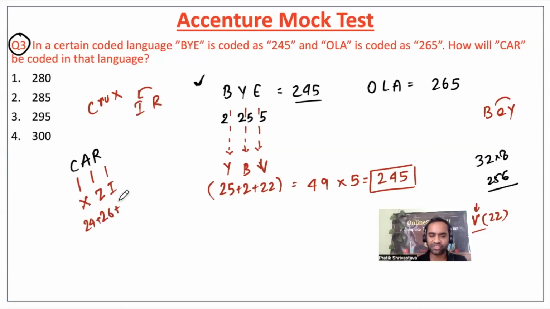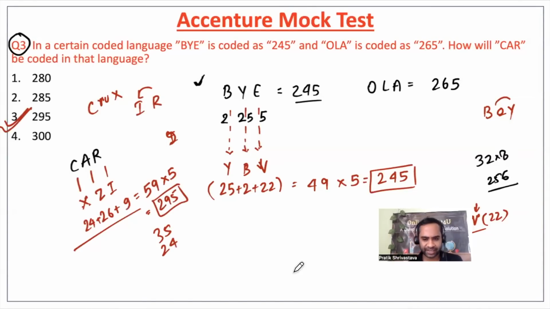The last letter I is 9 because I looks like 9. This trick should also be there in your mind. Now 26 plus 9 is 35, and 35 plus 24 is 59. Then 59 plus 1 is 60, and 60 into 5 will be 300, so this will be 295. So option 3 is the correct answer, right?